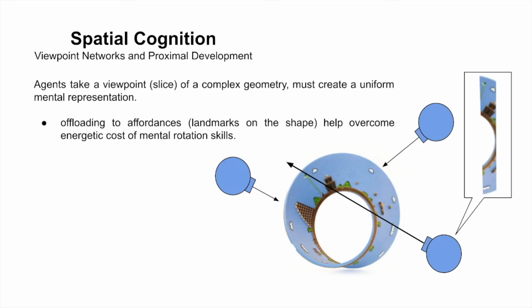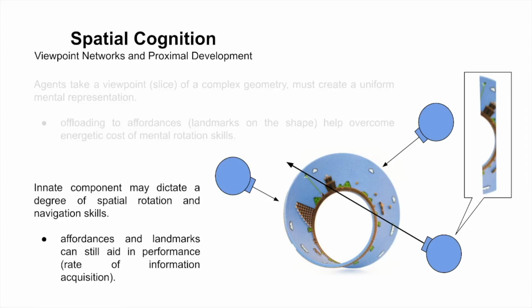This also allows, in some cases like this environment, you to use landmarks such as this tower in this image to align yourself. And so you can make sense of a lot of different forms of information coming from your neighbors, coming from the environment, and coming from your internal model, which is shaped by your innate capabilities. So the innate component may dictate a degree of spatial rotation and navigational skills.